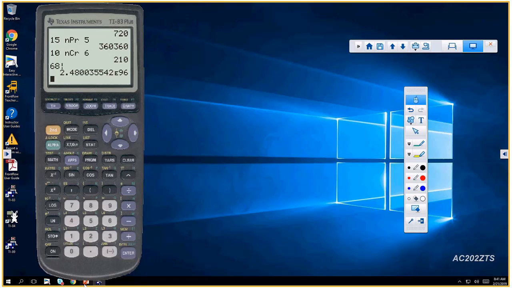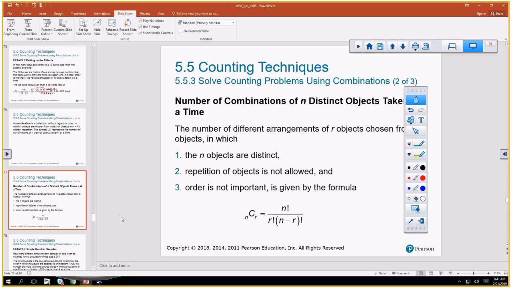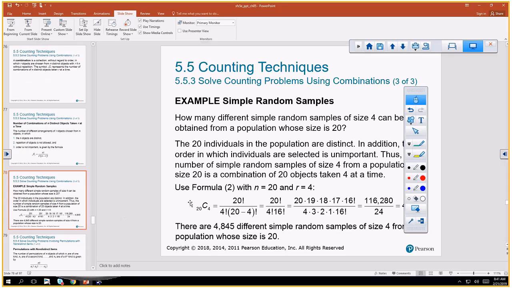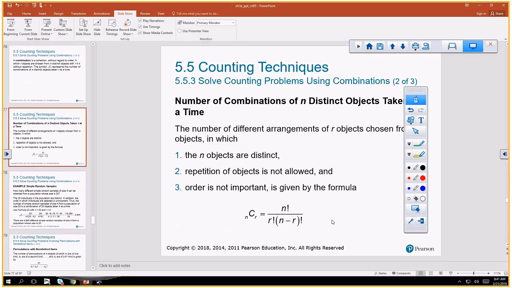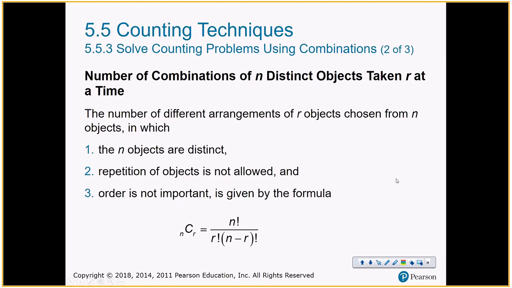All right, let's go back to the PowerPoint, because we got to cover the most important questions, and that's the lottery questions. Okay? So this is a combination. There's the formula for combination, so write that down. See how similar they are? Make sure, because I'd hate for you to miss a question on my test or a standardized test question when you have a 50% chance on it. There's only two formulas that you're required to know on some of these tests, the combination and the permutation, and they're very similar.